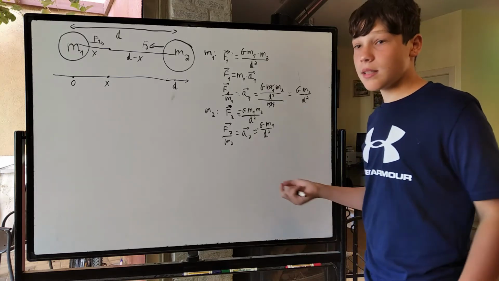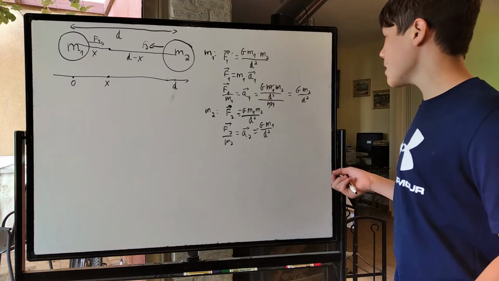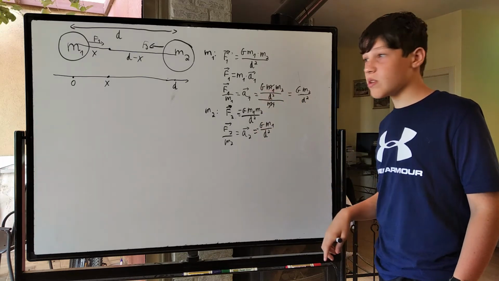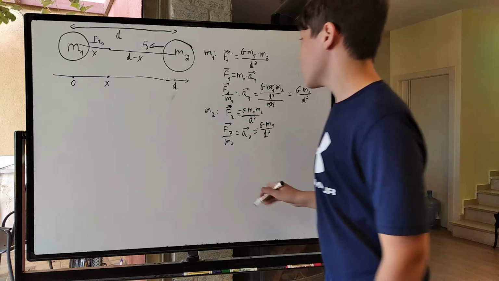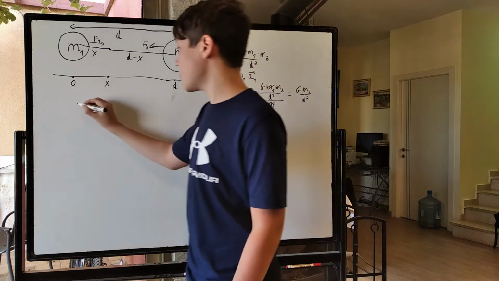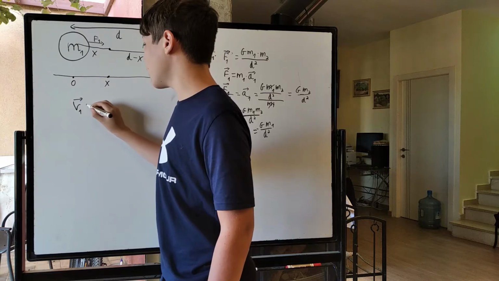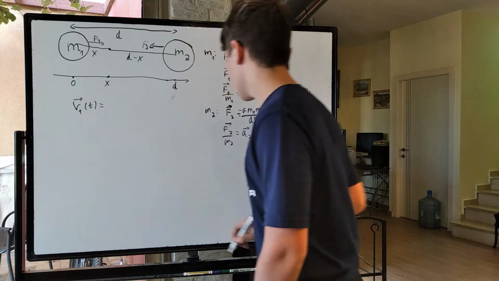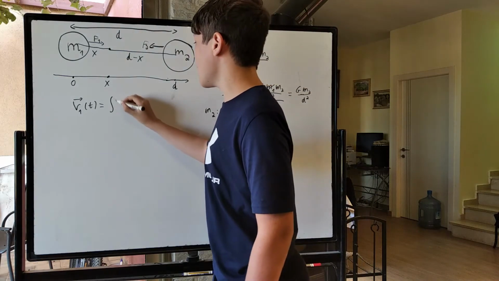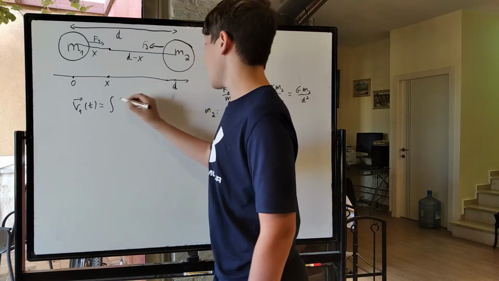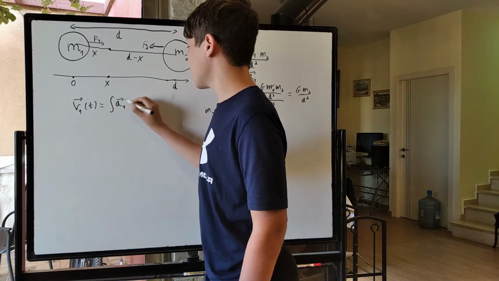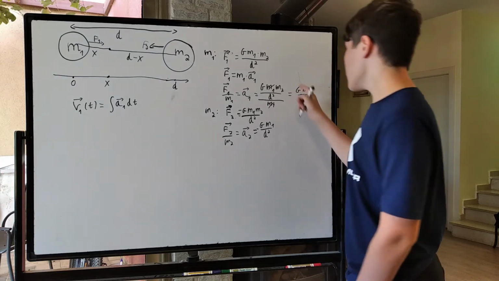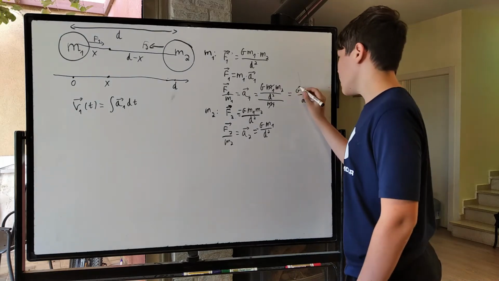Now, to get the velocity with respect to time, what we can do is integrate each of these with respect to t. First, let's do it to a1. So v1 with respect to t is just integrating a1 with respect to t. But this is a constant with respect to t.